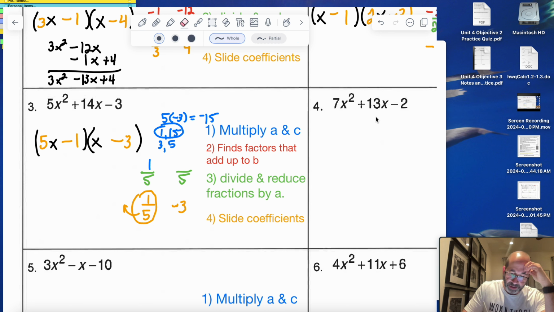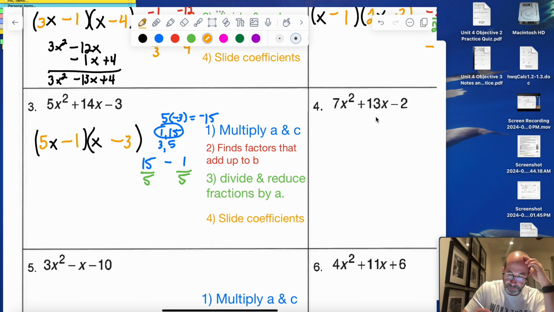So this is going to be a positive. We're not going to change anything too drastic. It's going to be a 15 minus a 1. And you can see that that's going to change our signs down on the bottom here to a positive 3 and a negative 1/5. And that means that this is going to be a positive 3 right here.